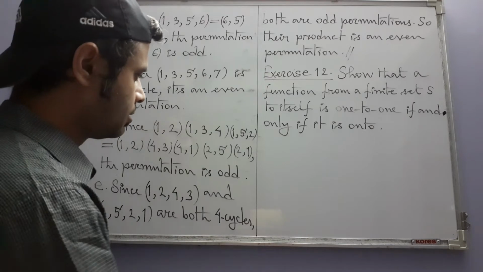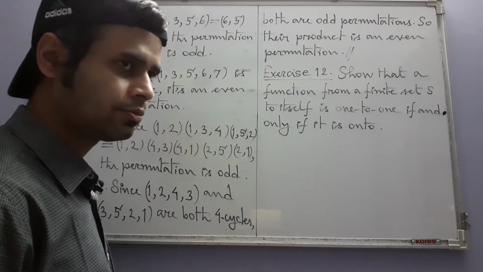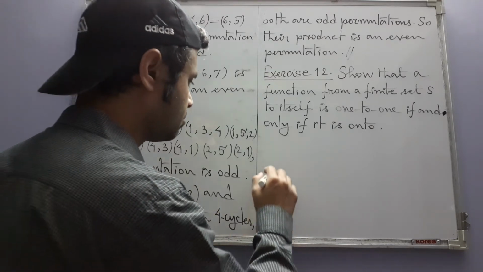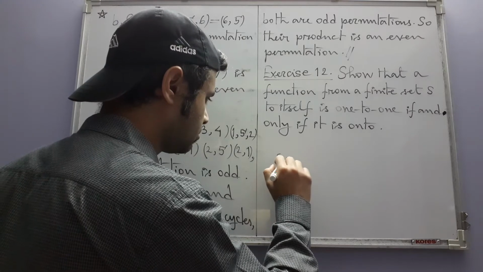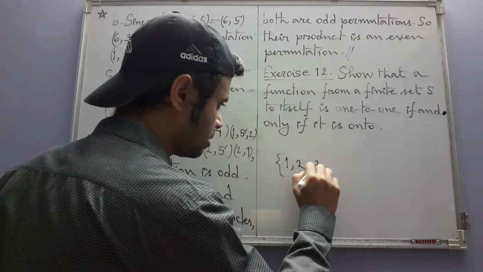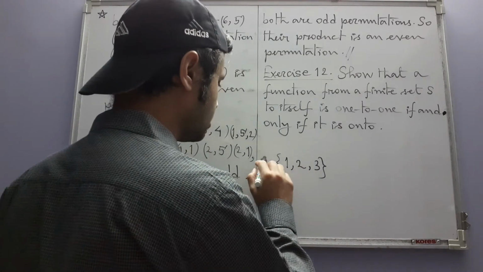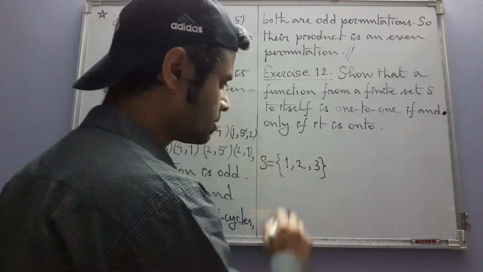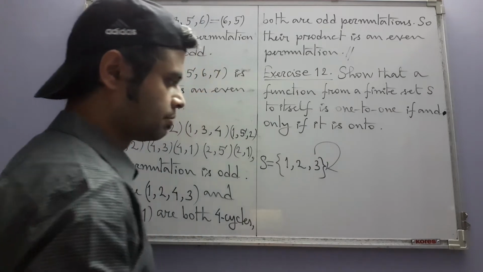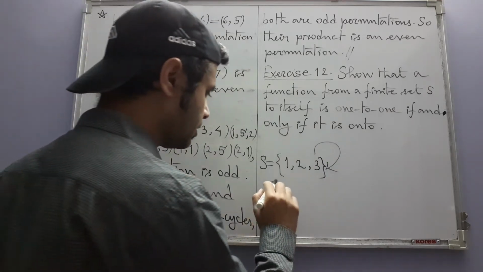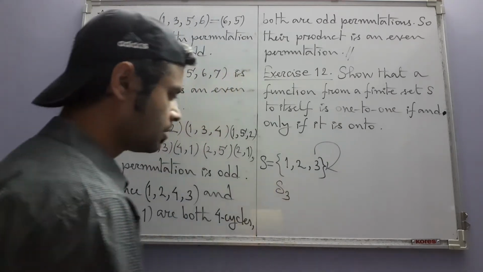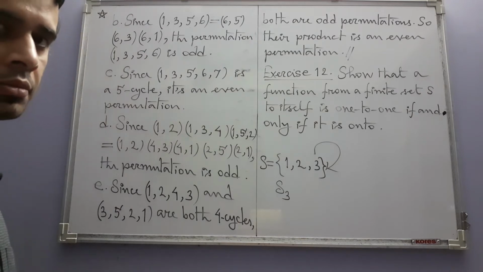And we are concerned with that kind of functions now. For example, the one-to-one onto functions from this set S to itself, such functions give us the symmetric group of degree 3.